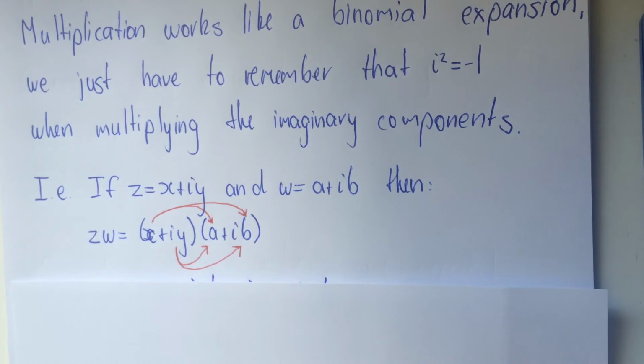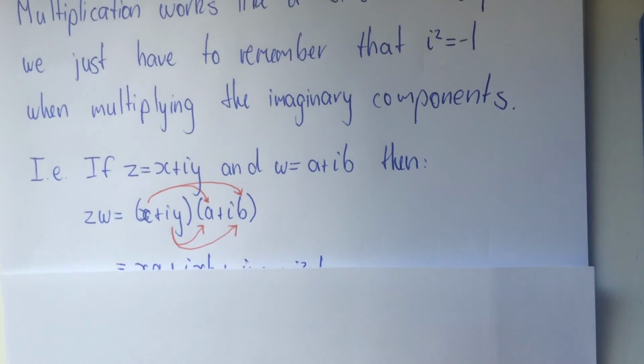So, if z equals x plus iy and w equals a plus ib, then what we do is we multiply all the terms in the first bracket by the terms in the second bracket. So we do x times a plus ixb plus iya plus i squared yb. Now the i squared is important because remember that equals -1.